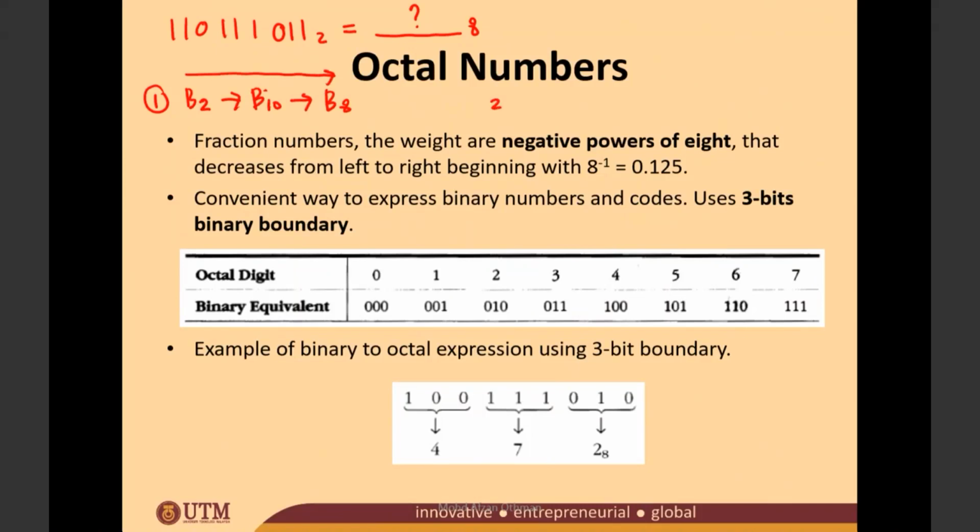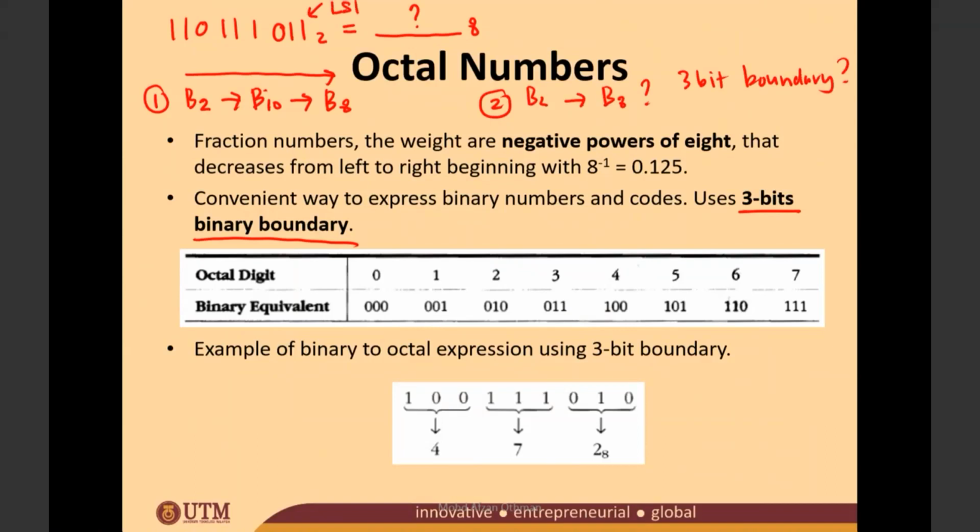Okay, method kedua, cara yang kedua, okay, kita pakai 3-bit binary boundary. Macam mana nak buat? Okay, mula-mula kamu identify, okay, kamu boleh directly tukar base 2 terus ke base 8. Macam mana? Guna 3 bits boundary. How this 3 bits boundary works? Okay, mula-mula identify dulu mana dia punya least significant bit.